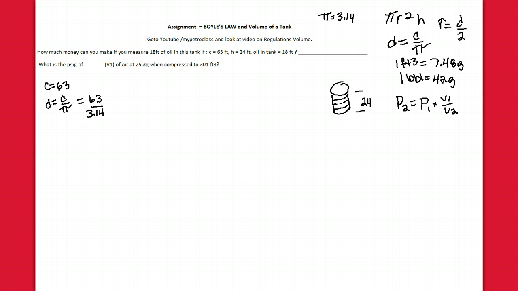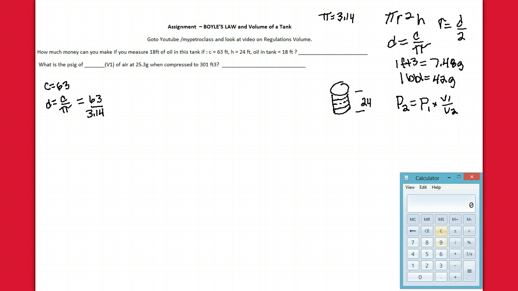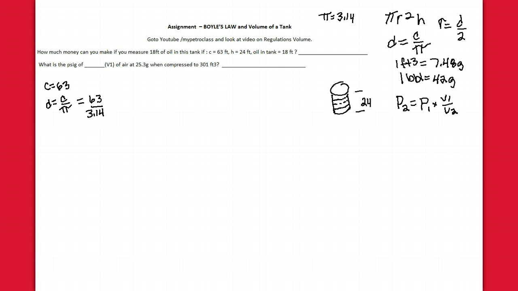Where's my calculator? 63 divided by 3.14 equals 20.06. We're not going to round just yet because most of us want to continue.